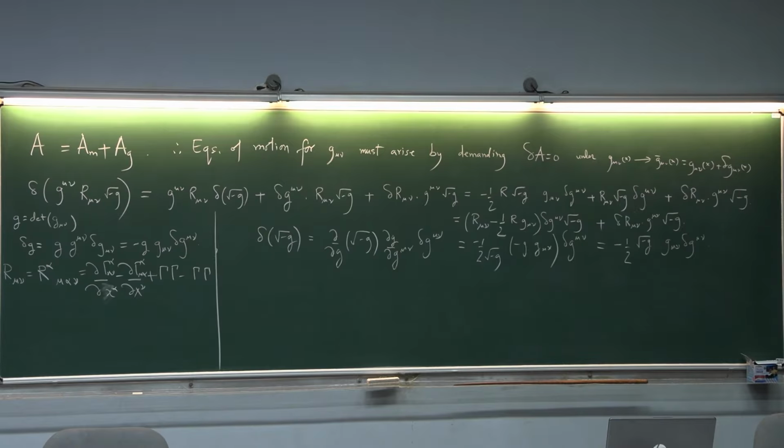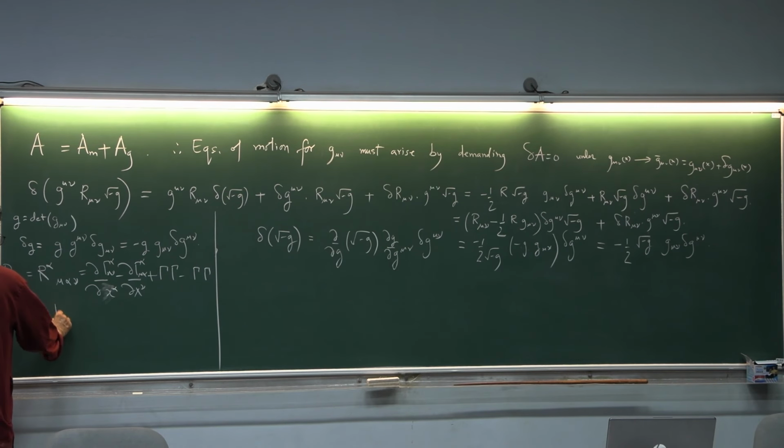Okay, we are talking of variation. So delta of R mu nu. What is our variation? Our variation is variation in the metric tensor. So basically I am saying that you use the G bar metric.